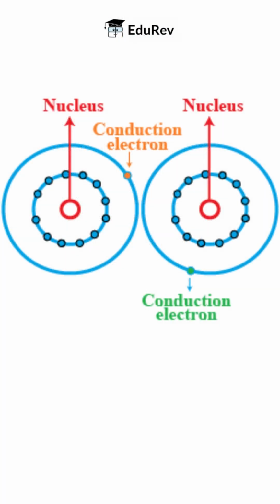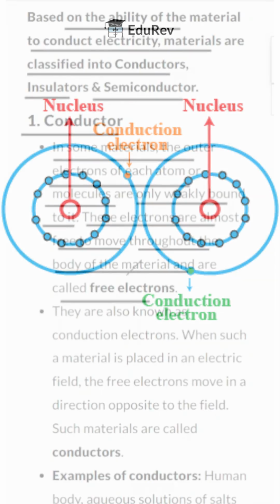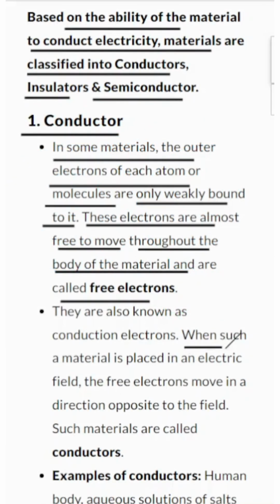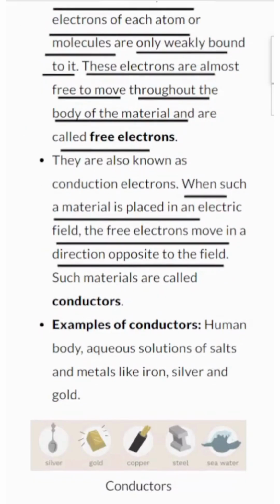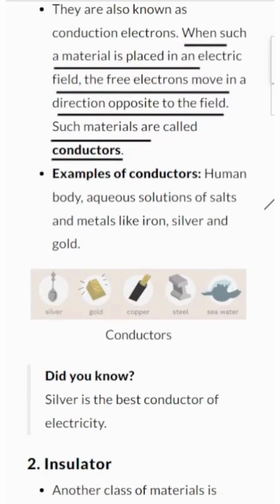These electrons are often referred to as free electrons or conduction electrons. When we introduce an electric field to such materials, these free electrons come to life, moving in a direction opposite to the field. It's almost like an electrifying dance party happening inside the material. Such materials are what we call conductors.